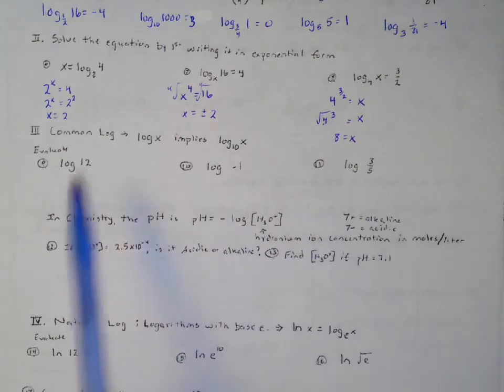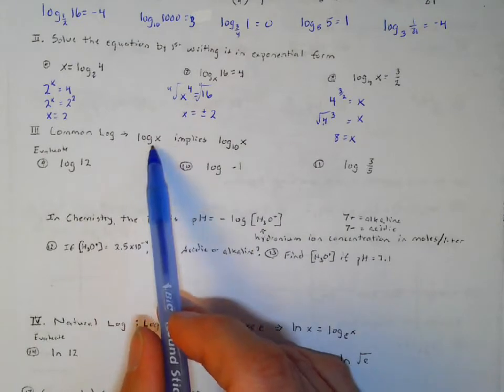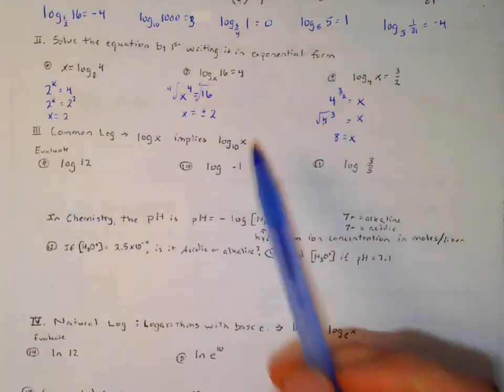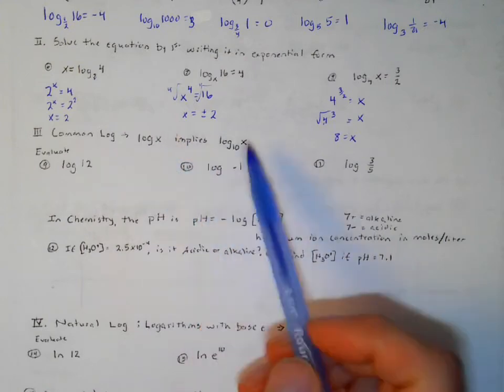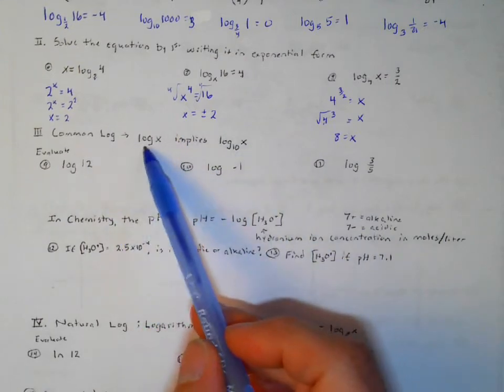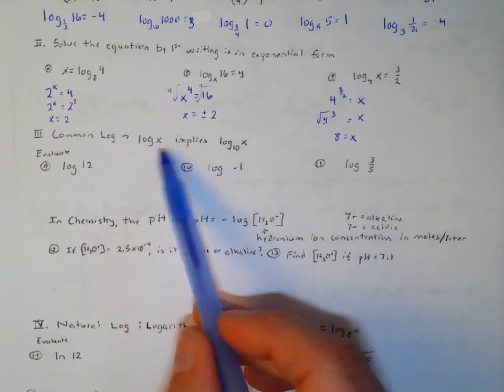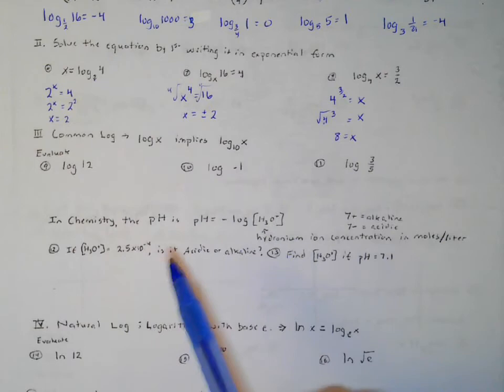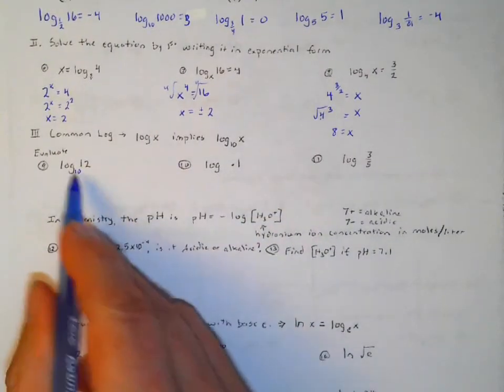Next, we're going to talk about the common log. Okay, so it used to be that calculators only had log of x. They didn't let you put different bases to them. So the common log is just log of x, which implies that it's log base 10. If there's nothing written there, it's implied that it's base 10 of x. So this is really the same thing as log base 10 of 12.